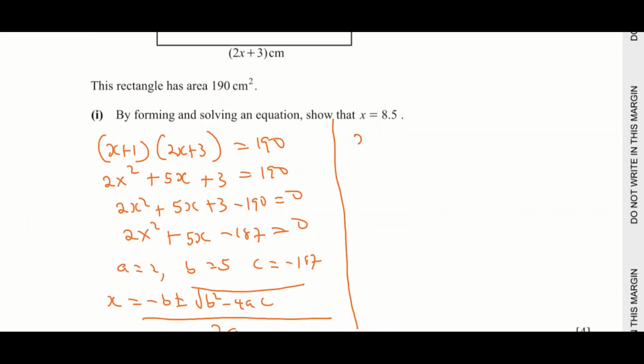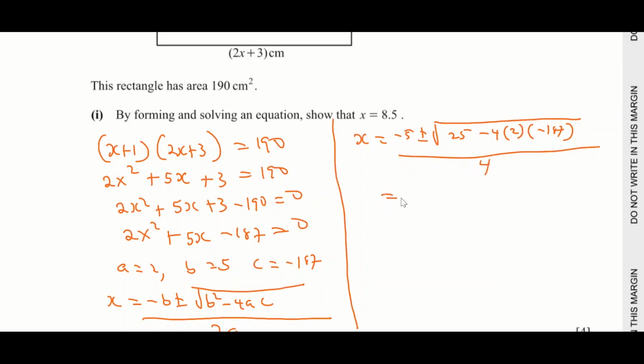This will be x equals minus 5 plus or minus the square root of b squared, that is 25, minus 4 into 2 into minus 187, everything over 2a, that is 4.